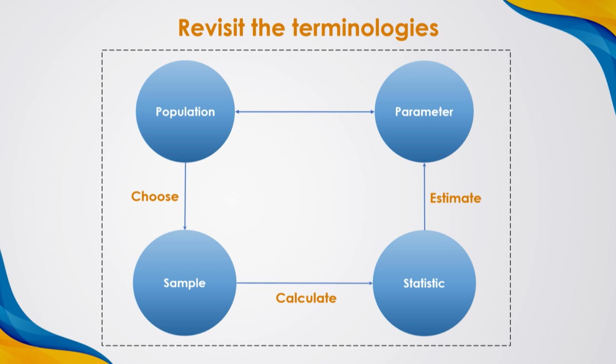In the population, we always study the population characteristics. For that, we go for parameter. And the process is, from the population, choose sample. From the sample, calculate statistic. Using statistic, estimate parameter. The parameter will tell us the characteristics of the population.